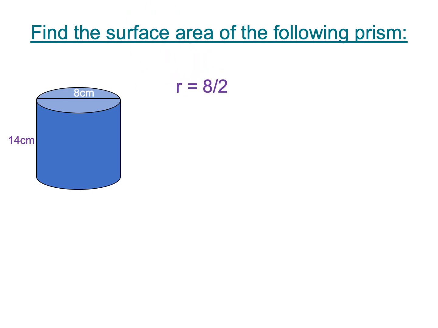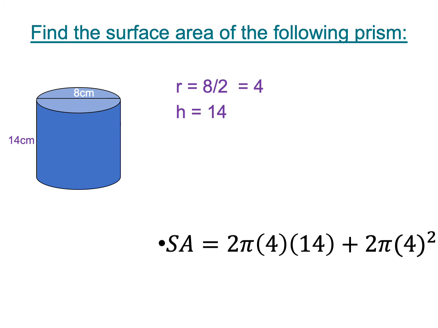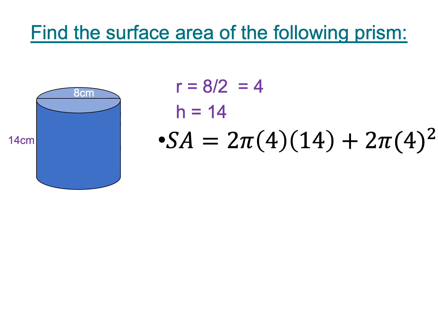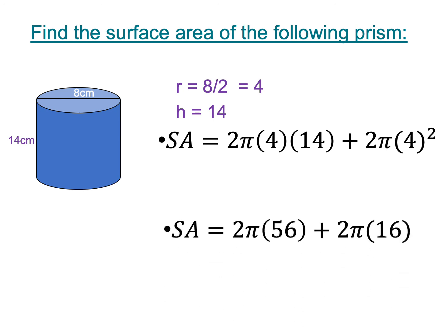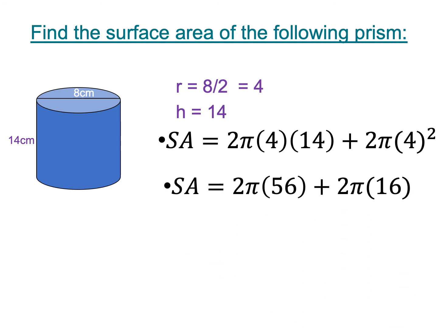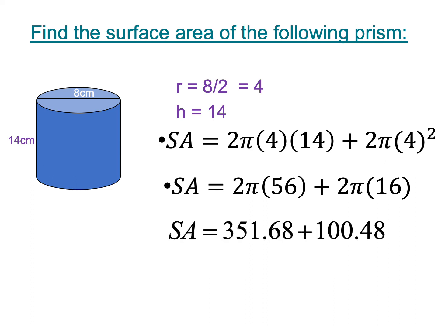So our radius is 8 divided by 2, which is simply 4, with a height of 14. So we have our equation with the height and the radius plugged in. Simplifying that down a little bit, we end up with our surface area equaling 452.16 centimeters squared.